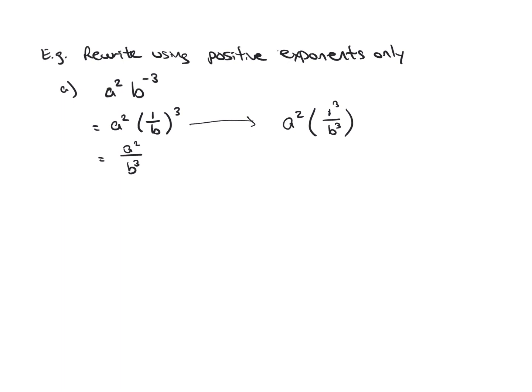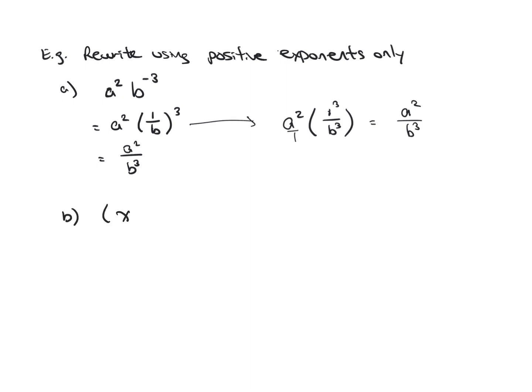And now we're just multiplying fractions. So we really have a squared times 1, which is just a squared. And then the denominator, we have 1 times b cubed, which is just b cubed. So that's how I got from the second to the third step. Okay, so that's rewriting it using positive exponents only. We'll try another one.